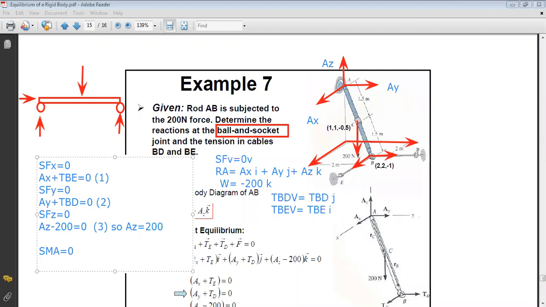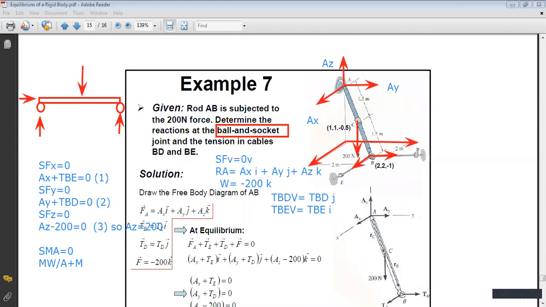So I want to find the moment of the weight W about A, plus the moment of TBD about A, plus the moment of TBE about A. This is equal to 0.